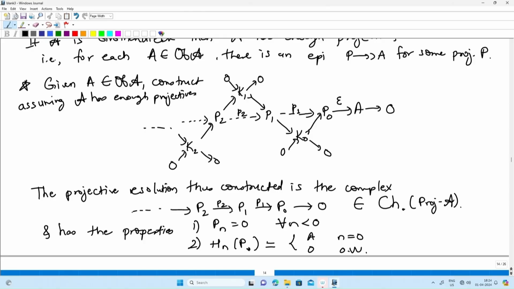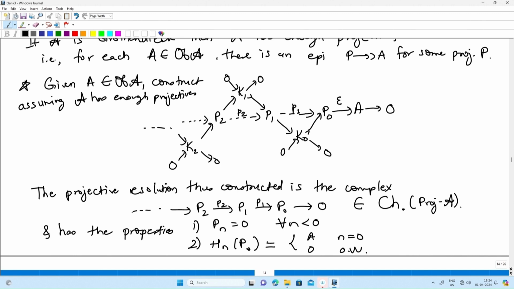It is everything, P0. And the image of the previous one is precisely K0. So P0 modulo K0 is isomorphic to A, because this is an exact sequence: 0, K0, P0, A, 0. And at any other location, if you compute the homology object, it turns out to be 0, because we are just defining it to be that.